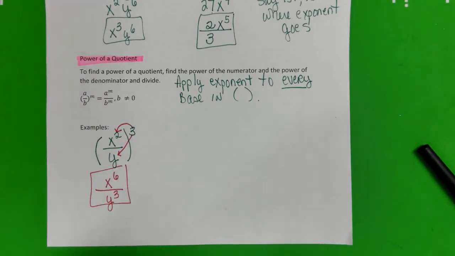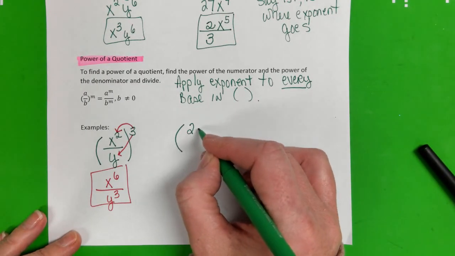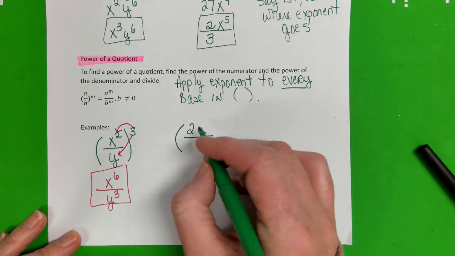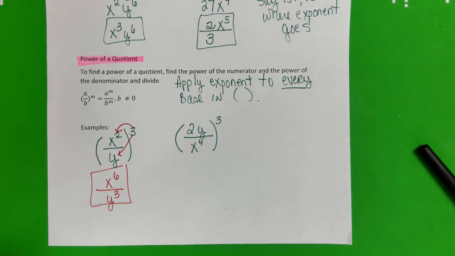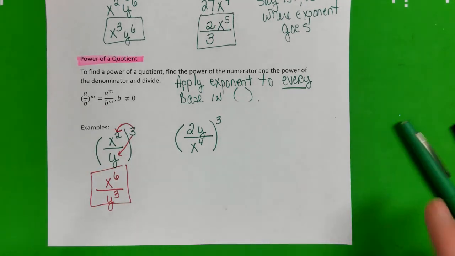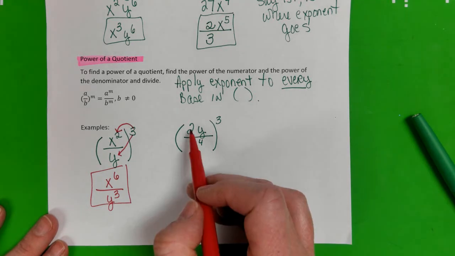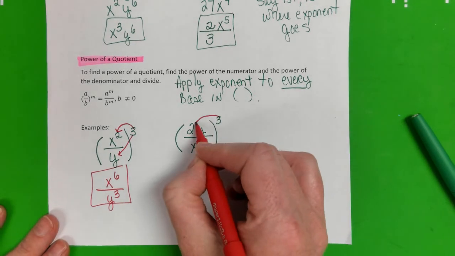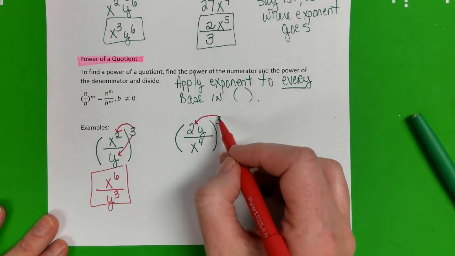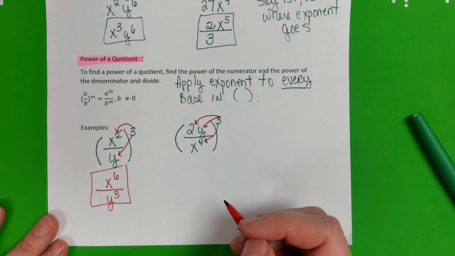Okay, here's another one. Let me see what I got. 2y over x to the 4th, all to the third power. Okay, how many bases do we have here? We've got 1, 2, 3 bases. So the 3 applies to the 2, the y, and the x.